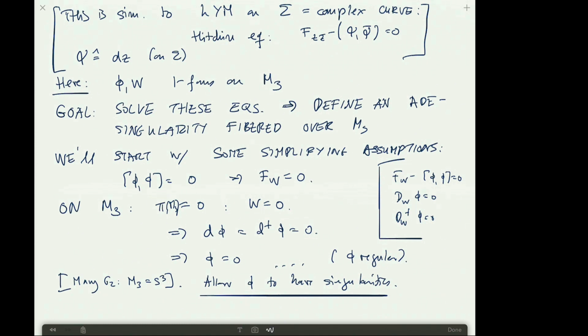Okay, so we won't quite get to finding the full spectrum today, but I will give you a description of what kind of cohomological tools we'll need to find the field configurations and the spectrum for this kind of set of equations when we allow phi to be singular.